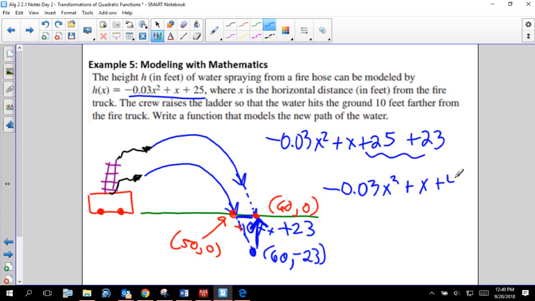So what I want you to go back to y equals and type in a second equation. This is our new equation, plus 48 at the end. Same first two terms, just plus 48 at the end.